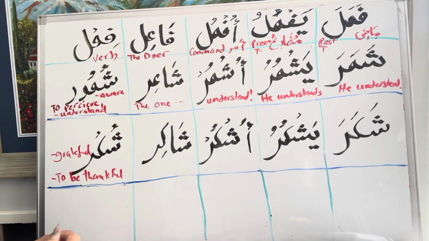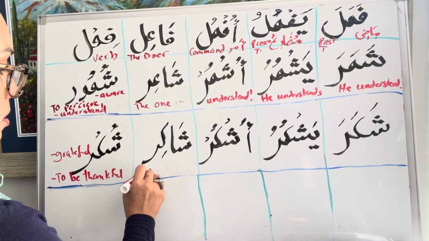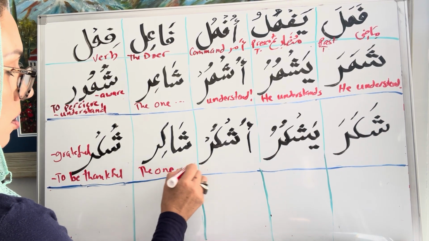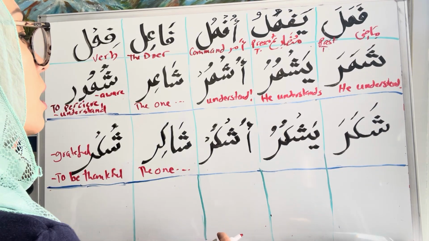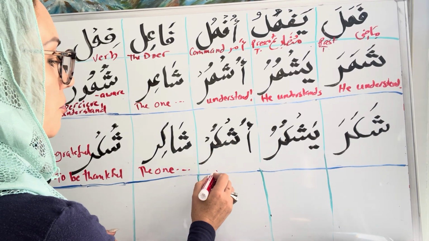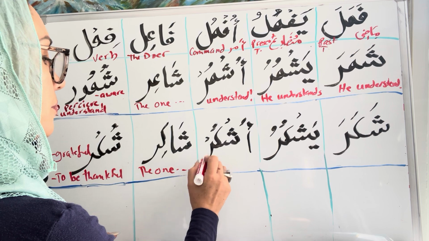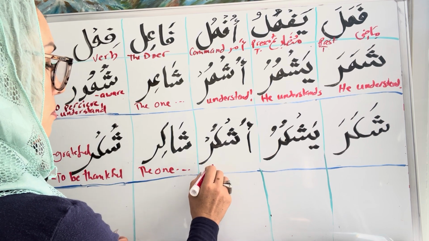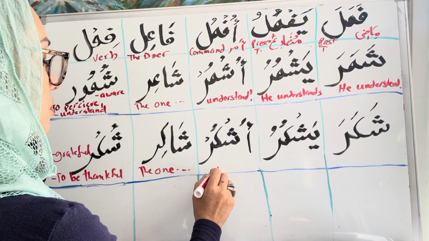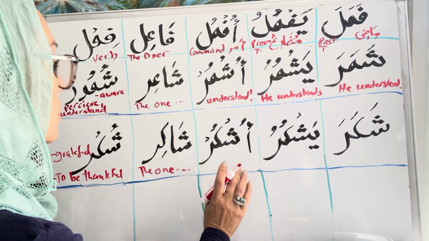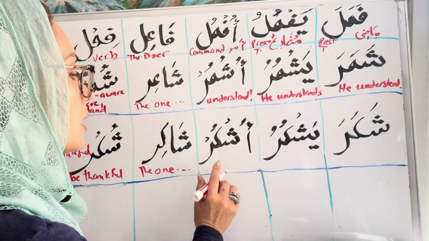Grateful, to be thankful. And then shakir is the one who is thankful. Ushkur, this is fi'l amr, this is for command. Meaning, be thankful.